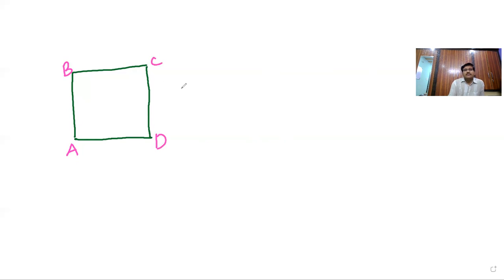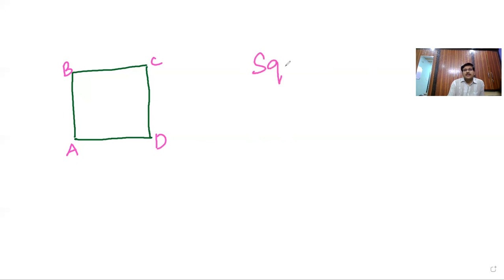Let us say this is the square field of the farmer. Let us say A, B, C, D is the square field.